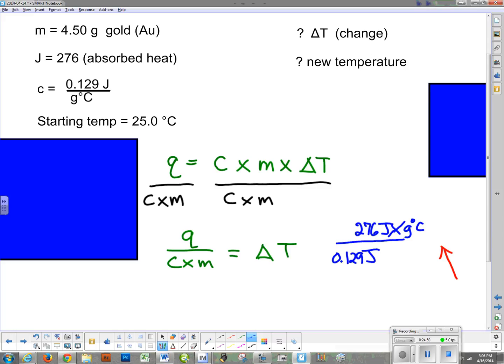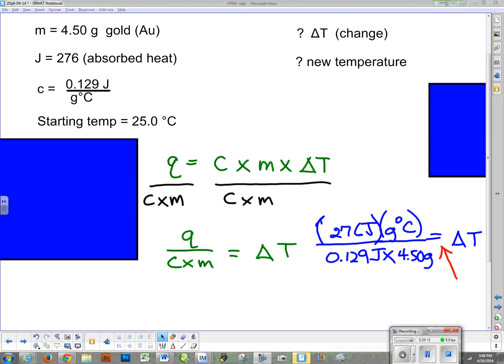Yeah? And down here, joules times grams degrees centigrade. Yes, there is fun. There's the M. You've got grams here. You know what? I think I want to try that down below.